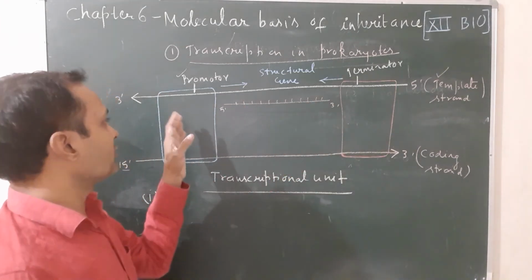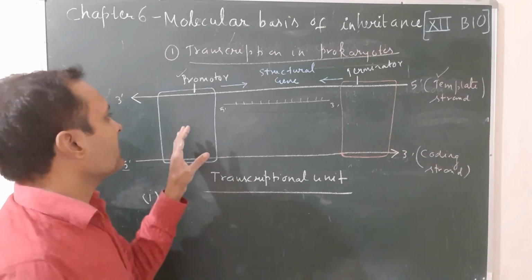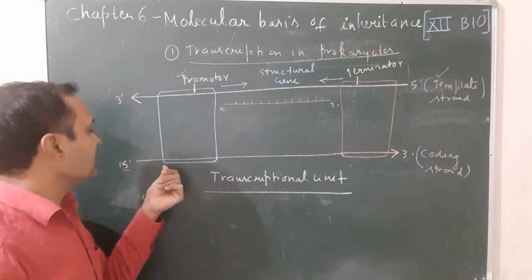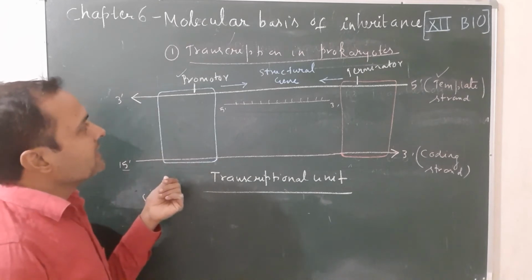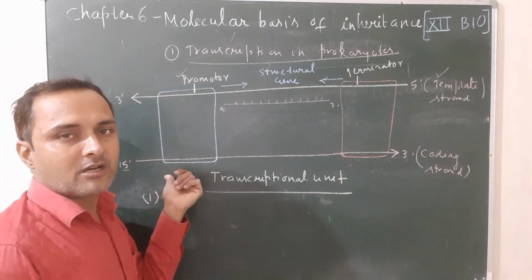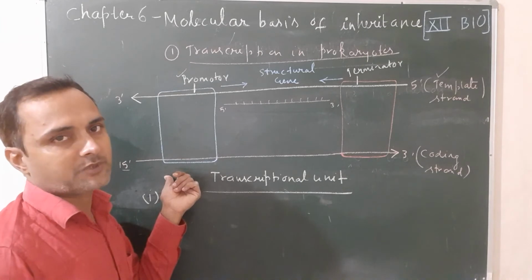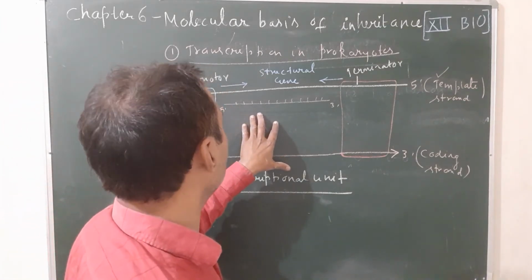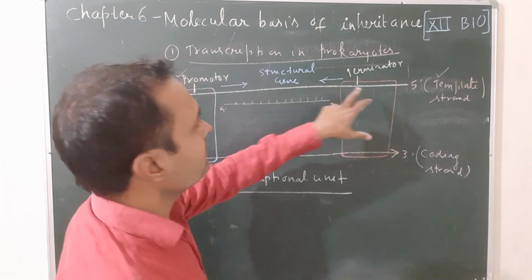The promoter is the part of the transcription unit present at the 5' end of the coding strand. It is the binding site of RNA polymerase along with the sigma factor during transcription. The structural gene is the part of the transcription unit present between the promoter and terminator region.